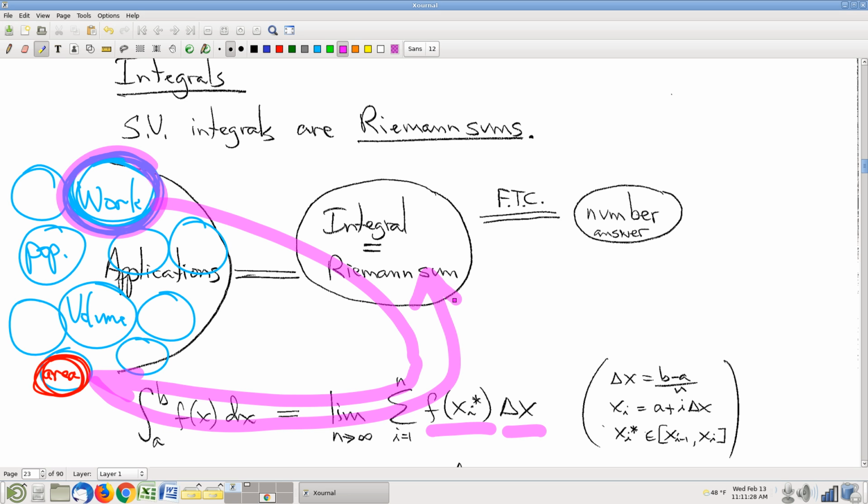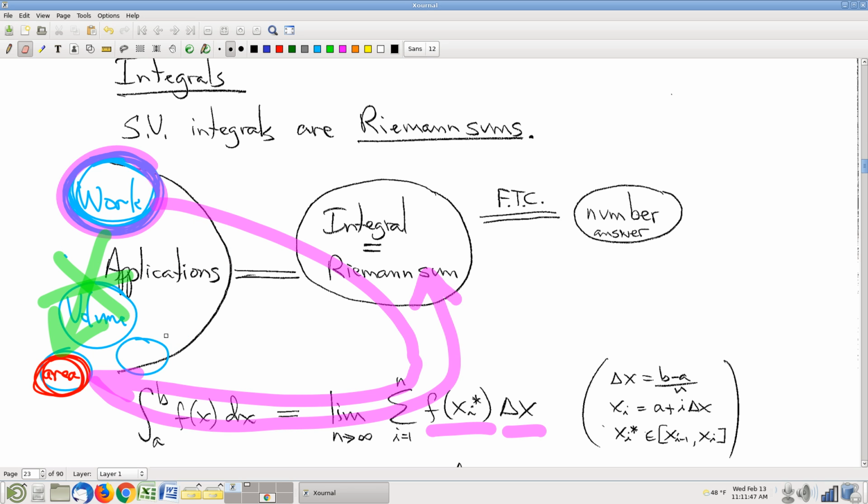You can choose, if you really want to involve area in that argument where you're using the Riemann sum to compute work, but you are not doing this. That does not make any sense. You are not directly relating work to area.